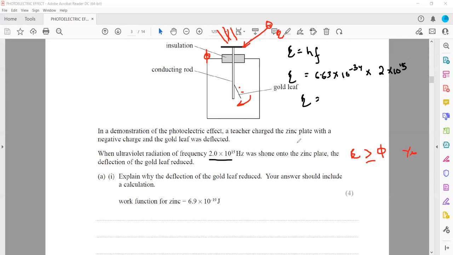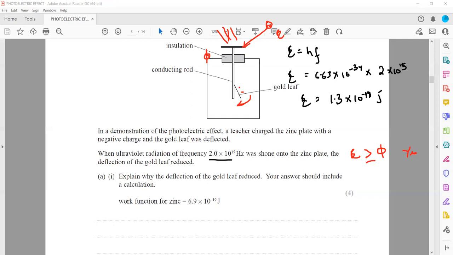When we multiply these two factors, we will get the energy of the incident light, which is 1.3 into 10 to the power minus 19 joules. So we got the energy.